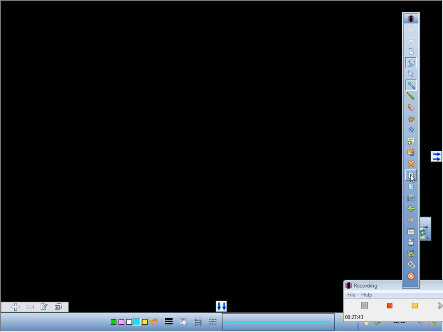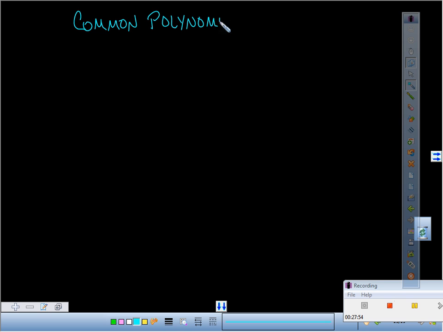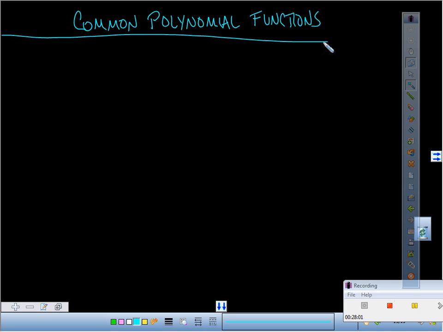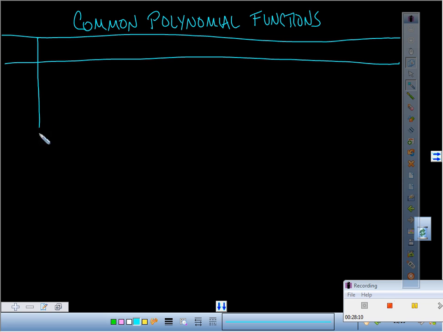Alright, so let's make a chart. We're going to make a chart. These are common, now this is more definition, alright? Common polynomial functions. There's 5 of them that you have to know. In the first column, I'm going to tell you what degree they are. Now, what does that mean?